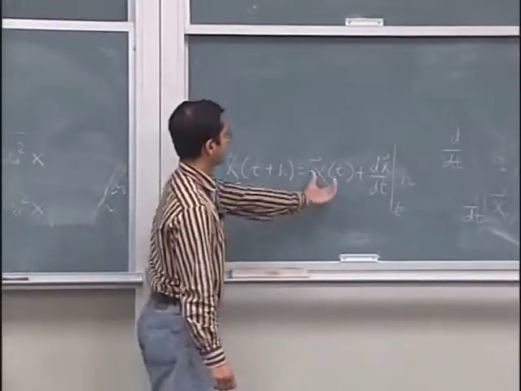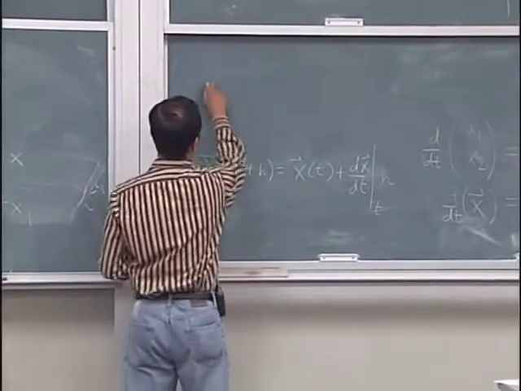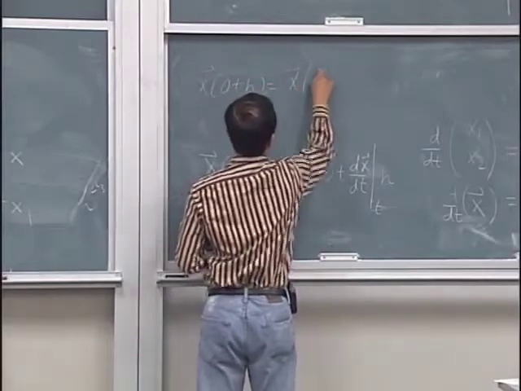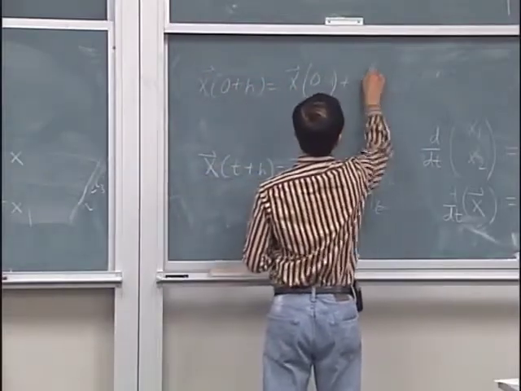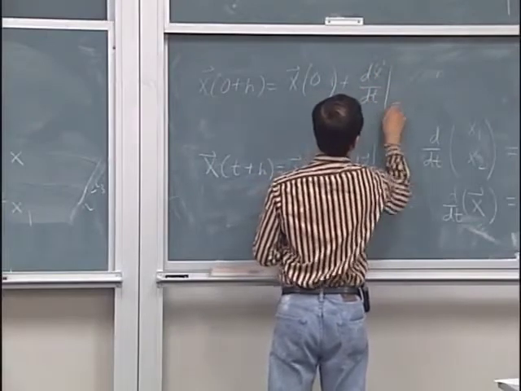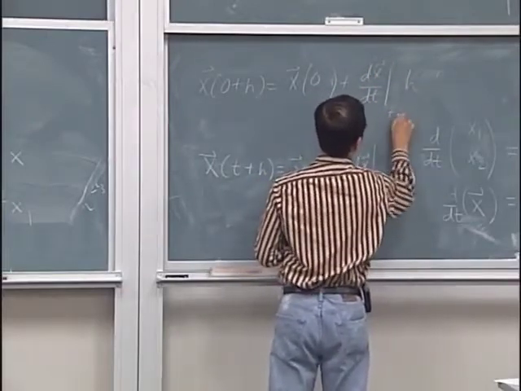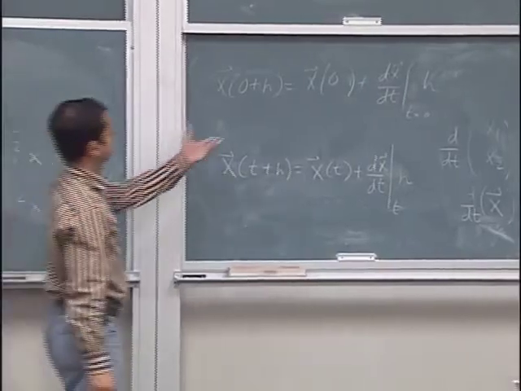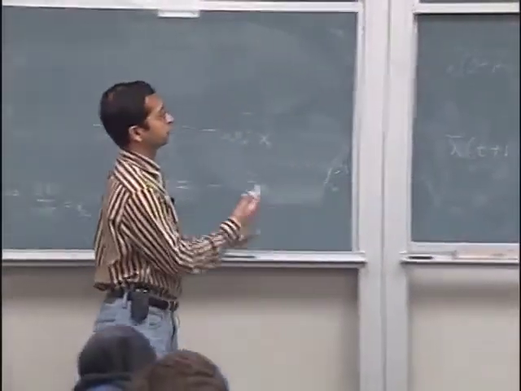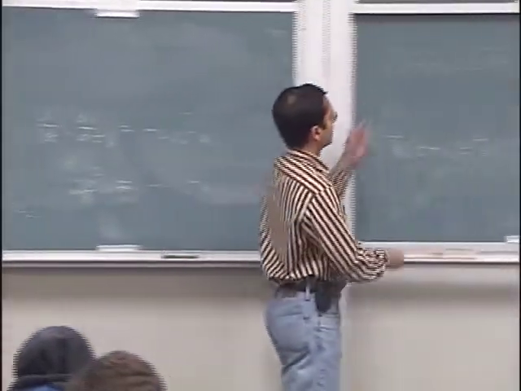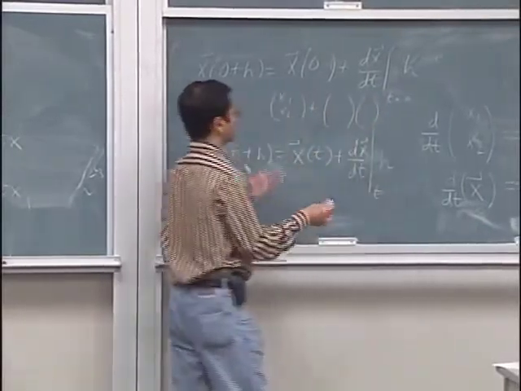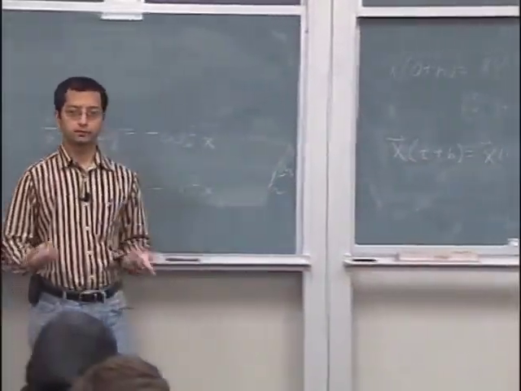Correct? So you start from 0, so you do x(0) plus h times this. That's it. So instead of doing simple addition, you need to do vector addition, keeping track of two components, x1, x2, plus this. That's all it is. The same idea.